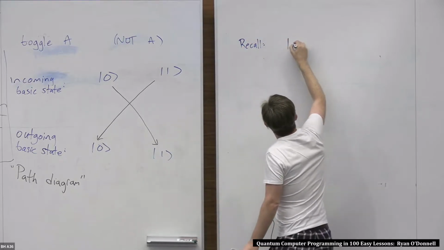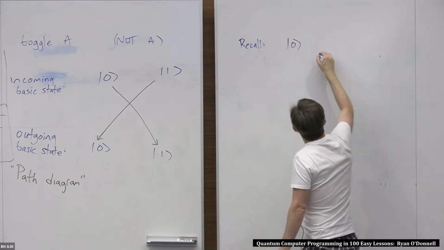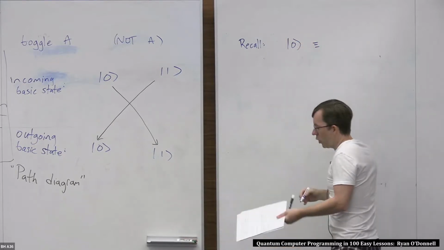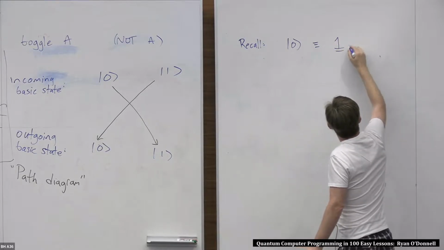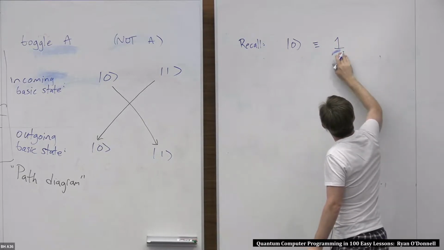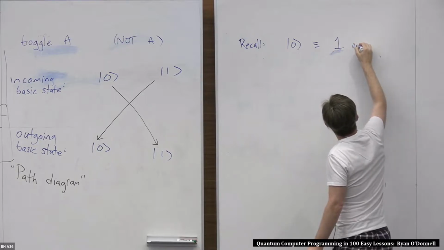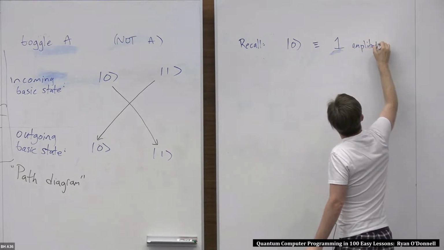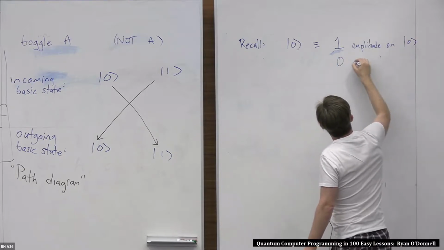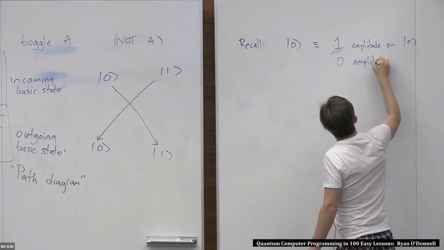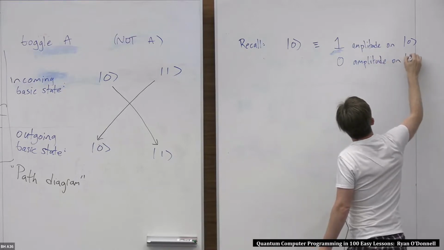So let me recall that when you see the basic state 0, this is really shorthand for one amount of amplitude on 0 and no amplitude on 1.